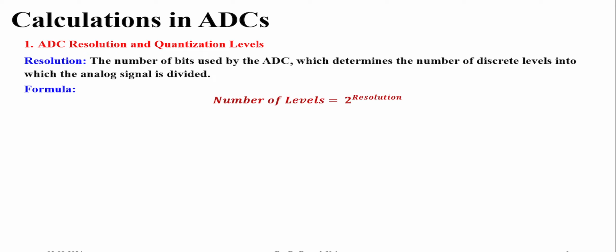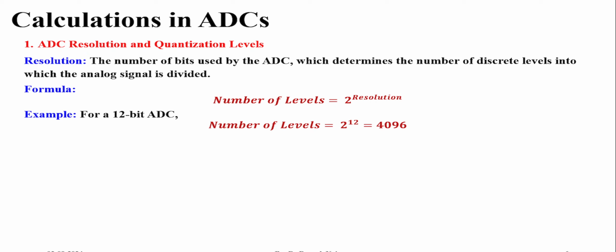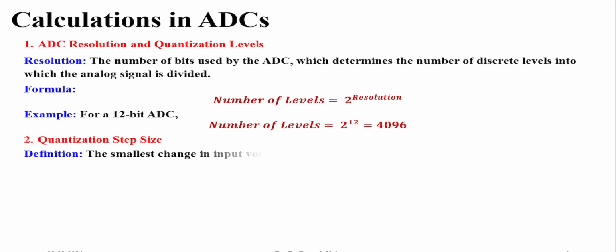The formula is: number of levels equals 2 to the power resolution. Like we discussed in the previous slide, for example, if we have a 12-bit ADC, then we can have 2 to the power 12, that is 4096 or 4K different levels in which the analog signal can be divided, and that will represent the resolution.